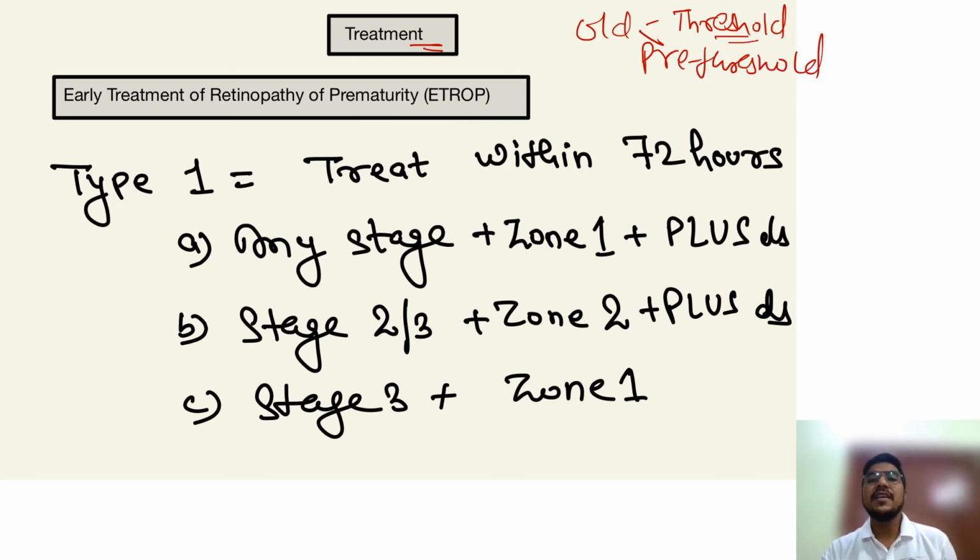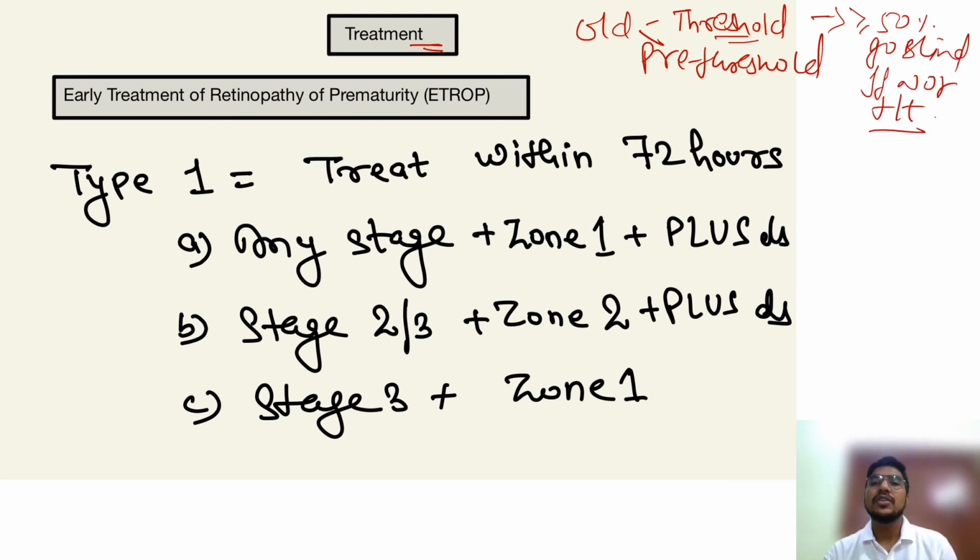If at any stage you are not treating the patient, and more than 50% of patients go blind, then this is called threshold. More than 50% go blind if not treated. And anything which is not threshold is considered pre-threshold. But this is not followed nowadays.